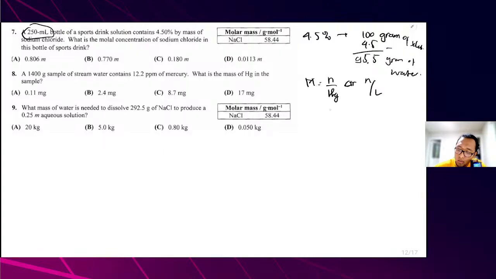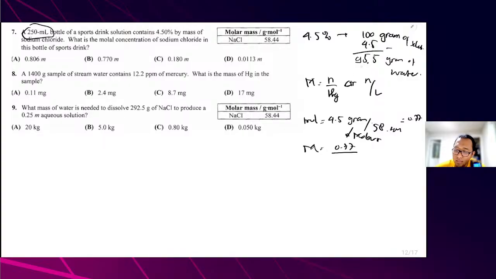Now let's take a look at using the mole. If we have 4.5 gram of sodium chloride divided by 58.44, this is the mole. So the mole is 0.77 mole. And then we need to convert it to molarity. So M is 0.77 divided by the solvent.